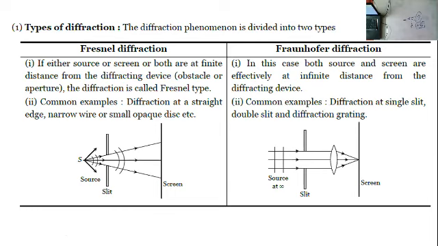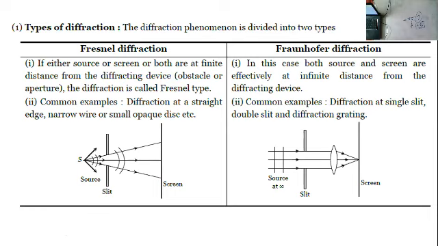In Fresnel diffraction, the screen and the source are at finite distance from the diffracting device. Sorry, at finite, not infinity. If the screen and source are at finite distances from the diffracting device or the obstacle, it is called the Fresnel type.